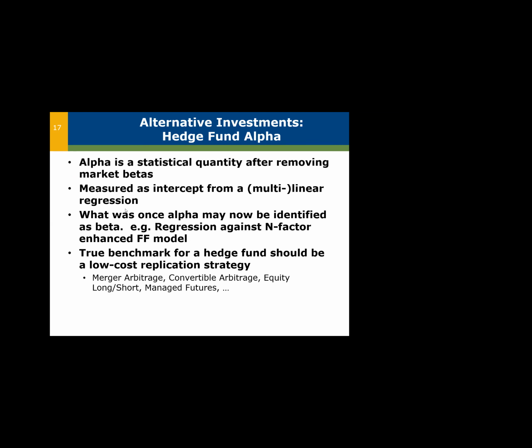You hear the word alpha thrown around a lot in asset management, but what people don't appreciate is that it's actually a statistical quantity, which means there are issues with how you measure it, and it's not so certain. Whereas return for a portfolio is just a number; it is what it is. Alpha depends a lot on how it's measured and how it's interpreted.